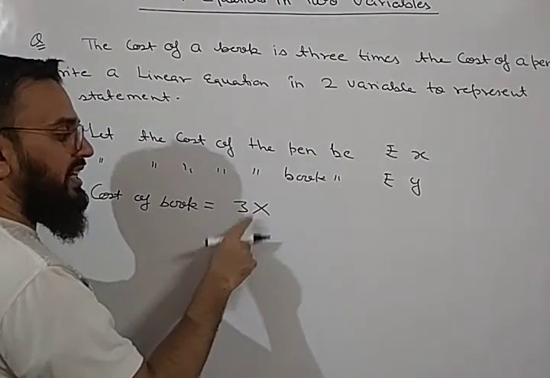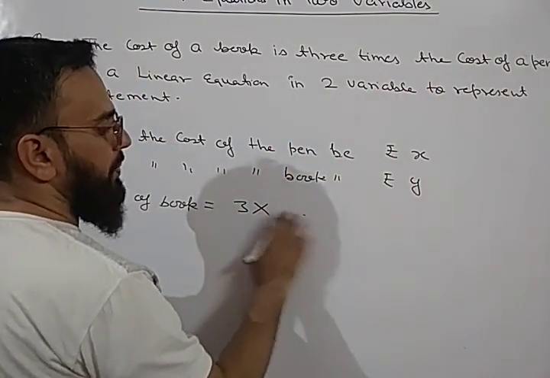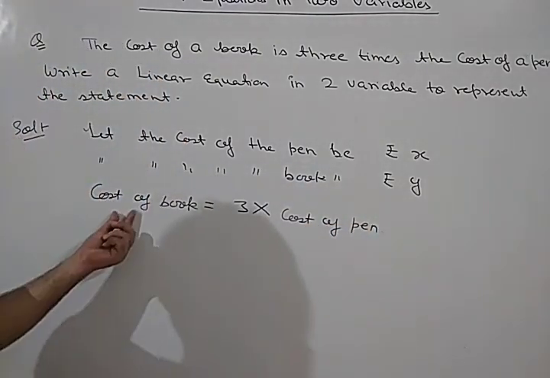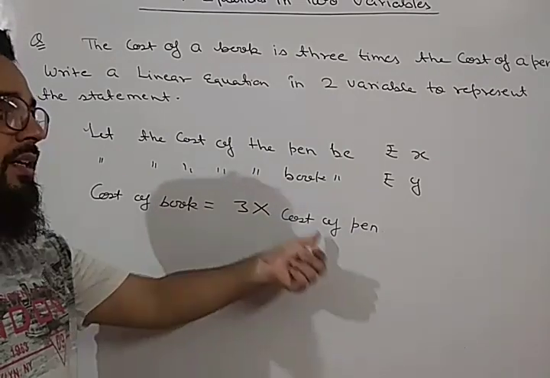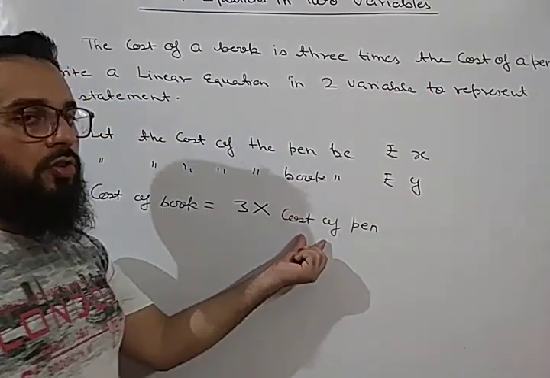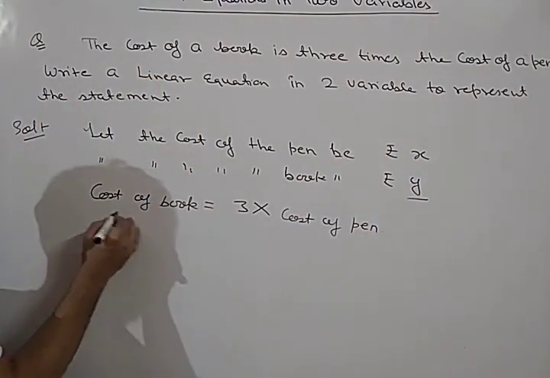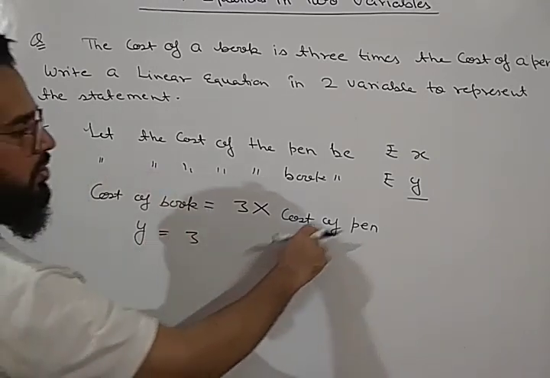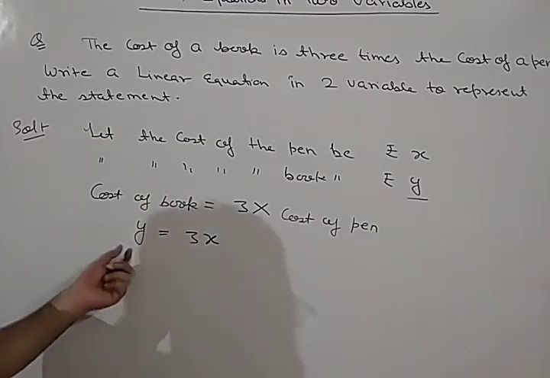To whom? We multiply the cost of pen by 3. So 3 times the cost of pen is equal to the cost of book. Now what is the cost of book? It is y. So in place of cost of book, we put y. It is equal to 3, and what is the cost of pen? It is x. So we get this equation in two variables, x and y.